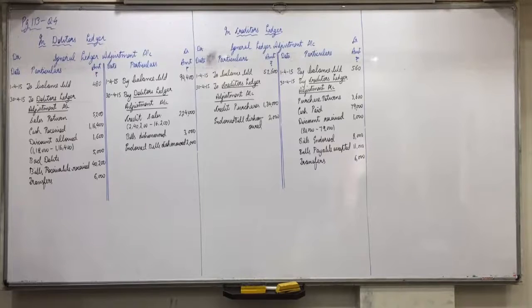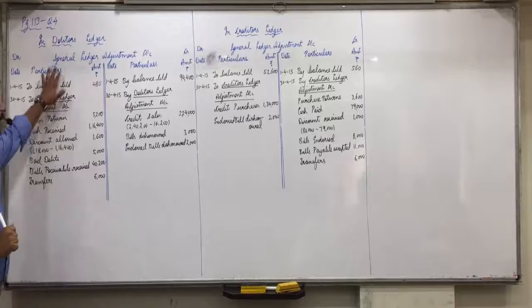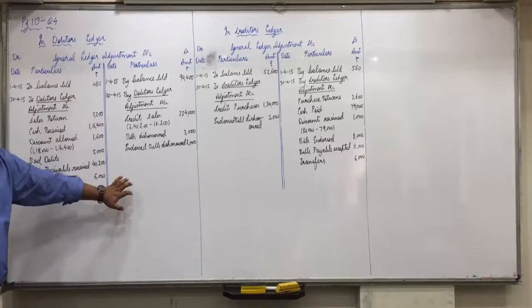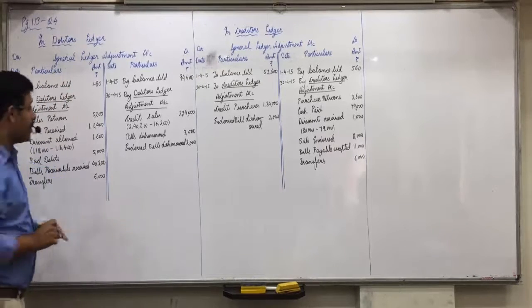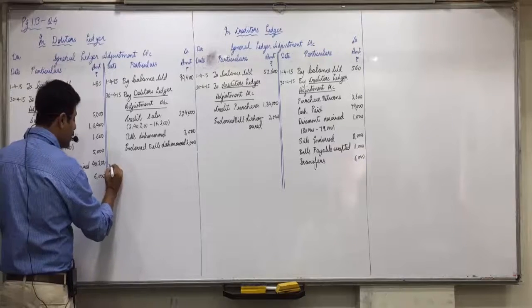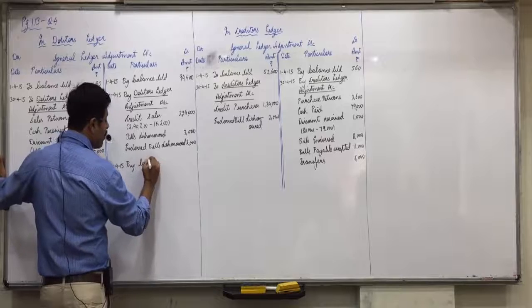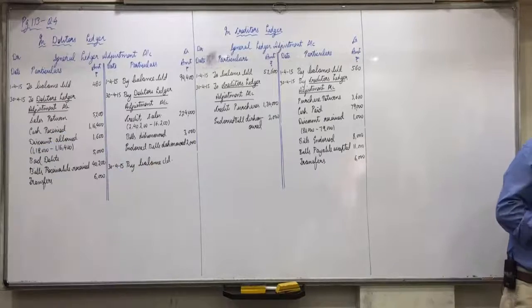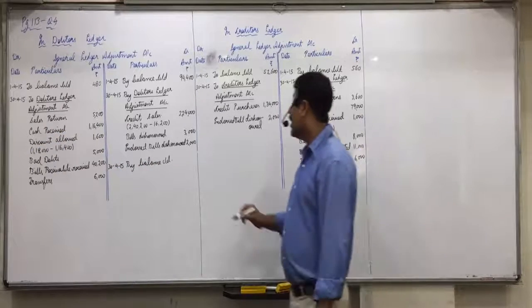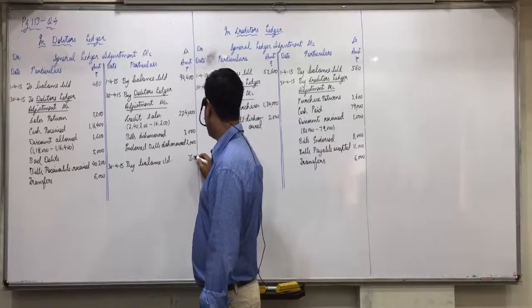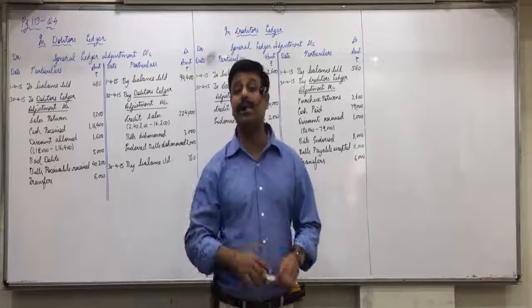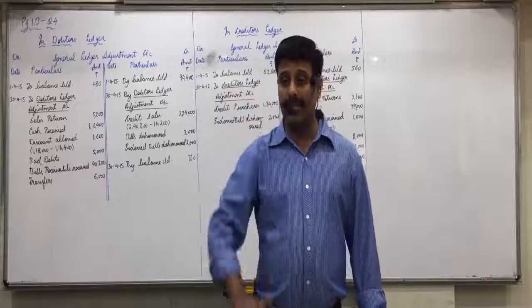Credit balance of debtors. In debtors ledger, we would write it on debit side. But when we write in general ledger, credit side, this is opposite account. So here the closing credit balance will come on credit side, 3415 by balance carried down 760. I repeat, in the debtors and creditors account, the closing balances come on opposite side.